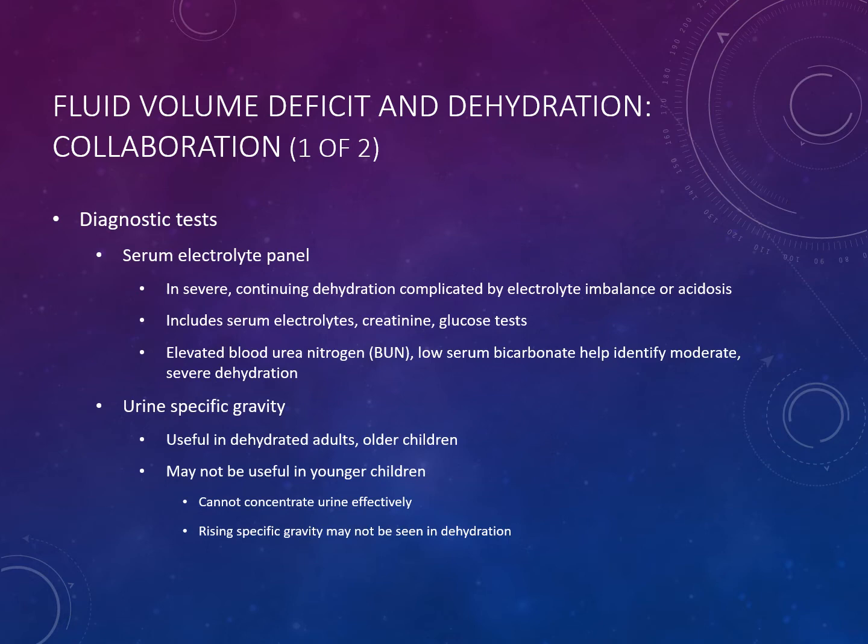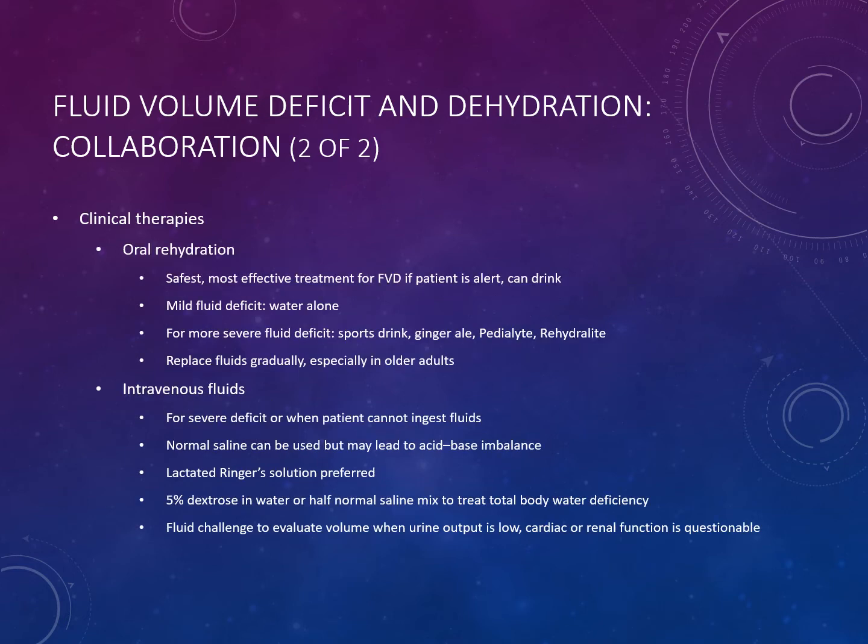It looks at the concentration of the urine. How concentrated is it? And one of the things that you will see is that the specific gravity may not be seen in dehydration. You have to have more severe cases, but it will start to rise. And the urine will look very dark and may look tea-colored, and you have to describe it that way.